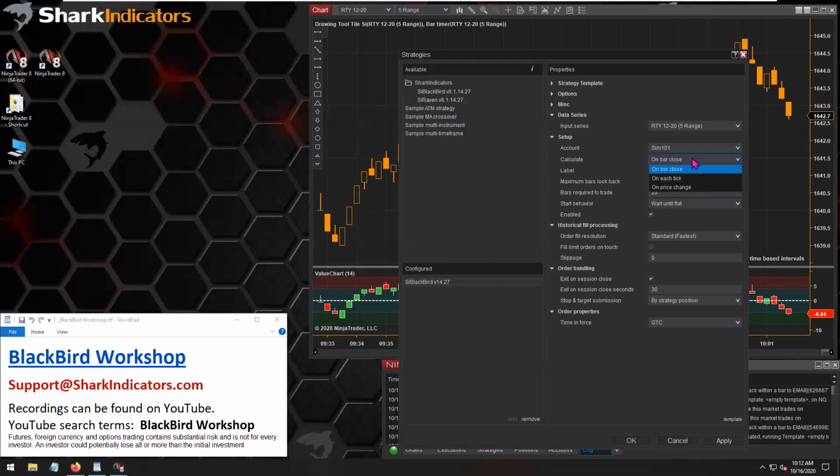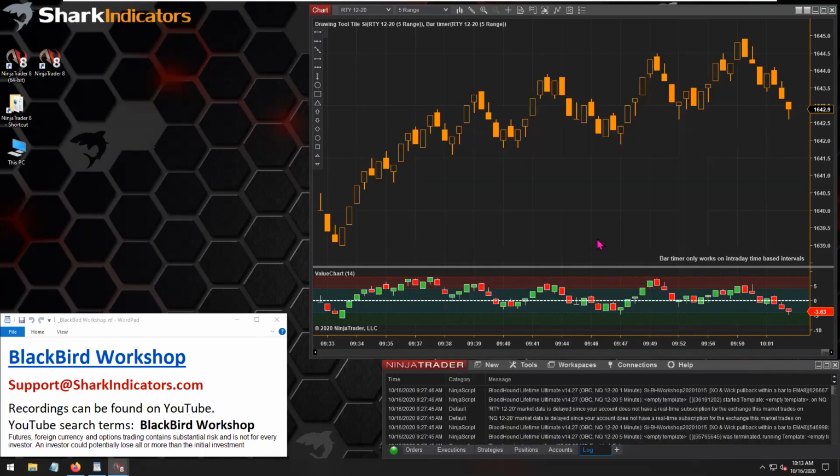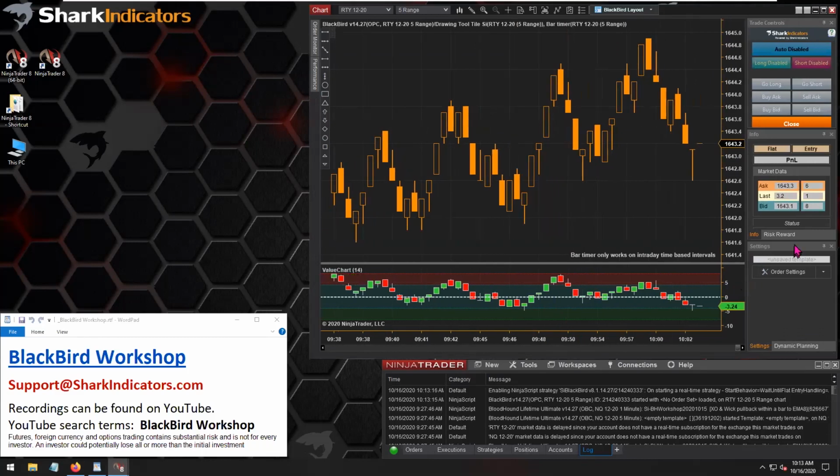So we have to change the calculate mode to something on price change. That's the first thing we need to do to accomplish this goal. Now we can click OK and let BlackBird load up.